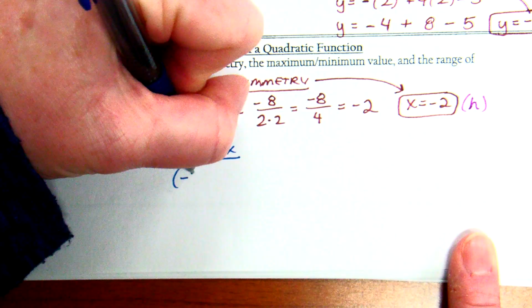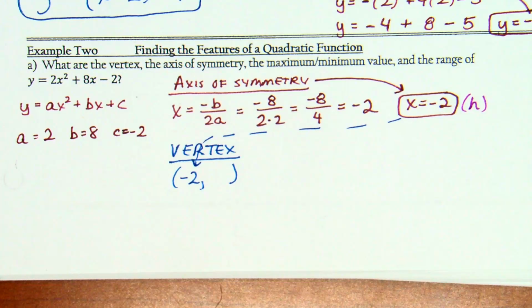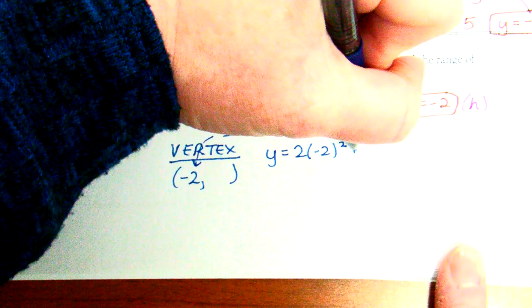So, y equals 2 times -2 squared plus 8 times -2 minus 2. What happens with that 2 times -2 squared?